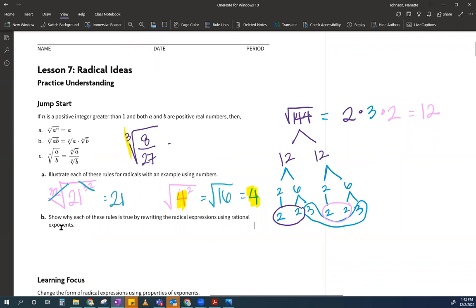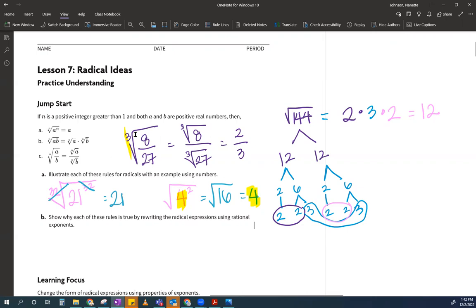The next part says, show why each of these rules is true by rewriting the radical expressions using rational exponents. Now look, what they're saying here is the cube root of a fraction is the cube root of the numerator divided by the cube root of the denominator.